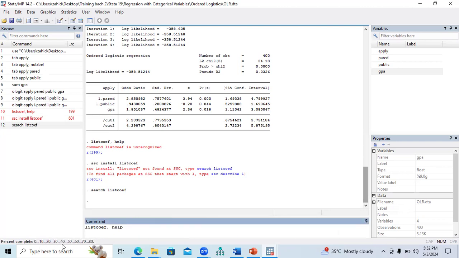It is showing the percentage of completeness here. If you can see the bottom left side, it is showing some percentage of the command being completed. So let's wait.